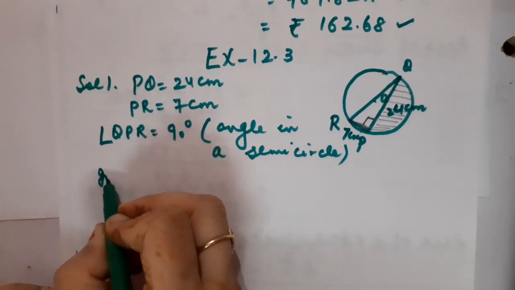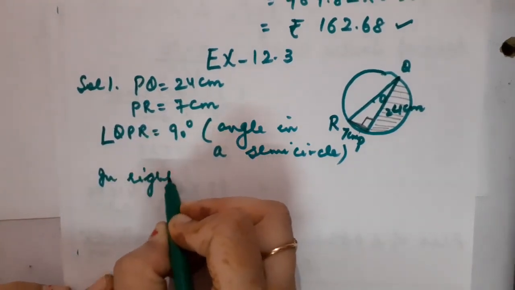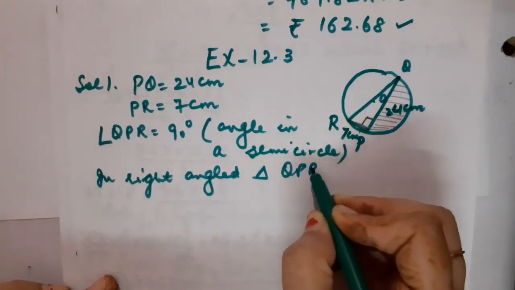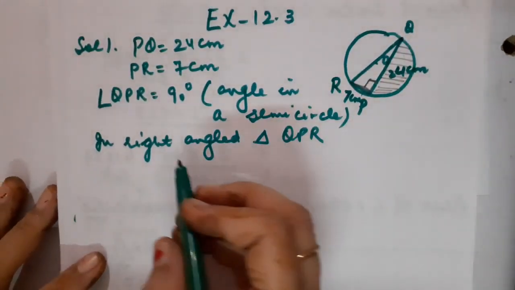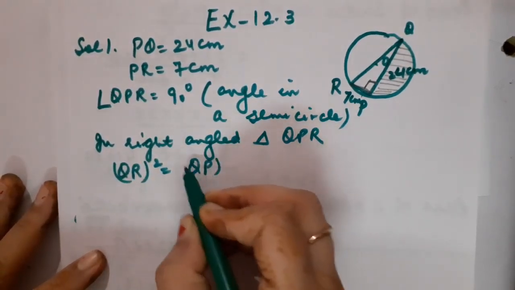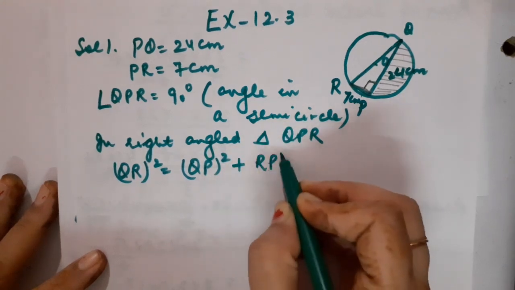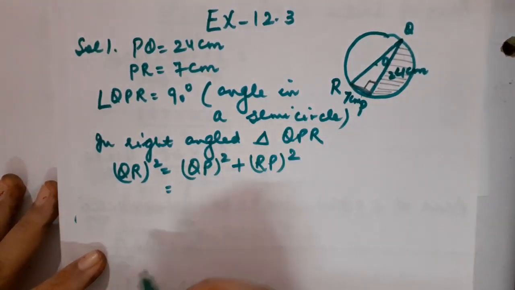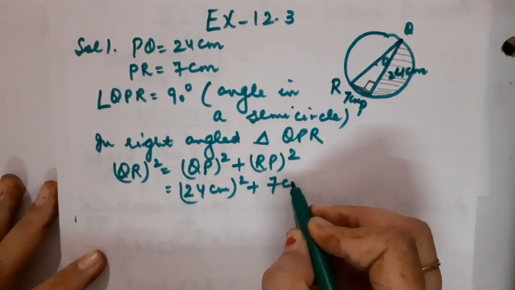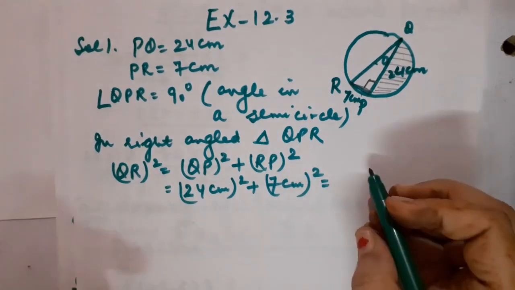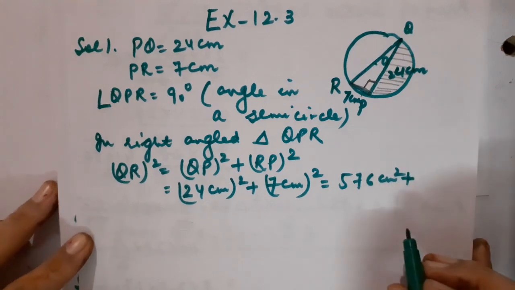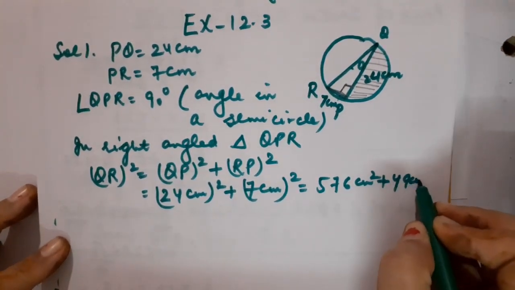In right angled triangle QPR, apply Pythagoras. QR whole square is equal to QP whole square plus RP whole square, which is 24 centimeter whole square plus 7 centimeter whole square. 24 square is 576 centimeter square plus 7 square is 49 centimeter square.